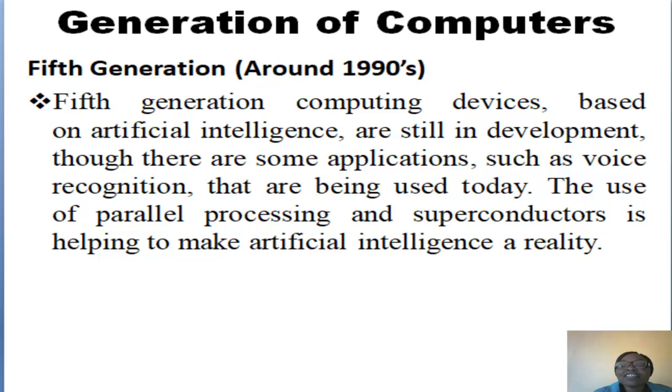Artificial intelligence is still developing. Things are still moving on. Technology is still advancing. Though there are some applications, such as voice recognition, that are being used today, the use of parallel processing and superconductors is helping to make artificial intelligence a reality.